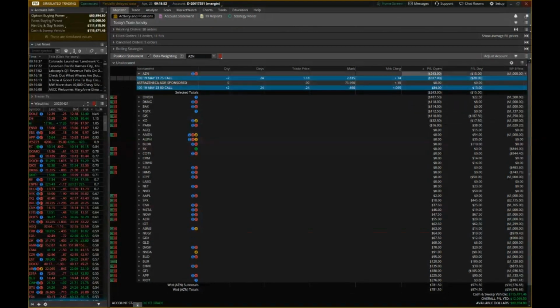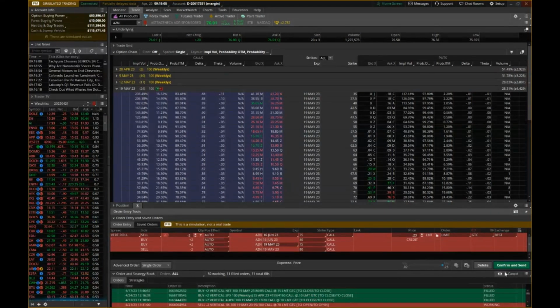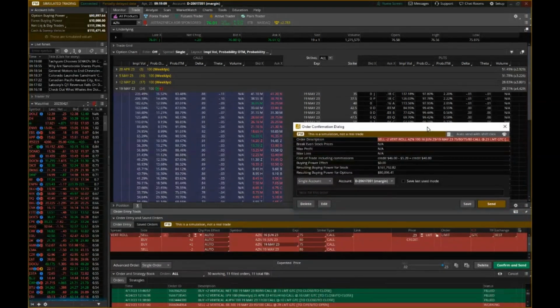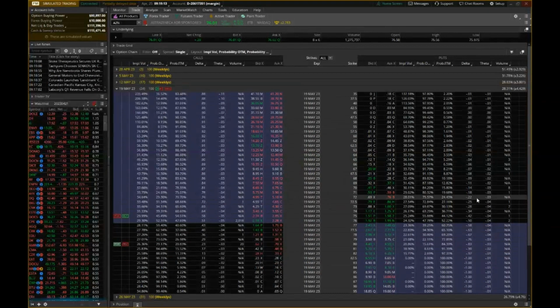So right now we're down $239 on the position overall. So instead of being down $239, we're going to hopefully take in a 23-cent credit. So yeah, we'll send that off.